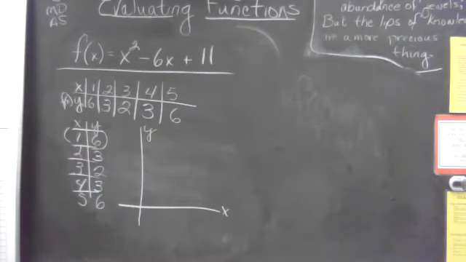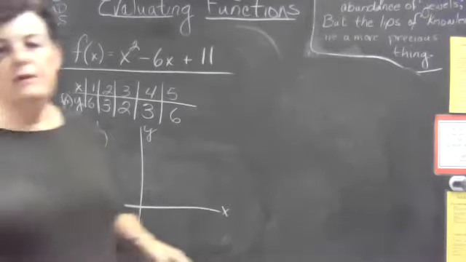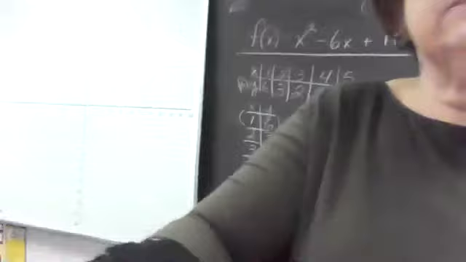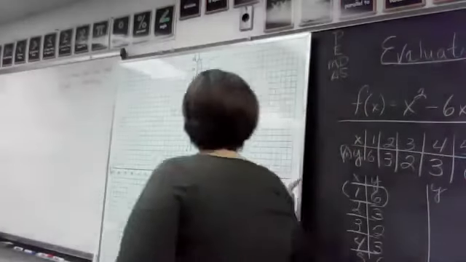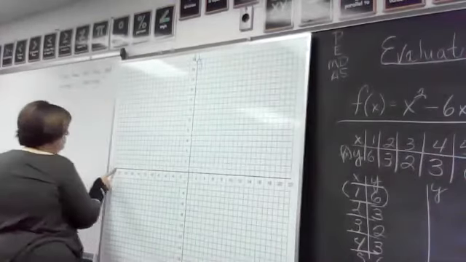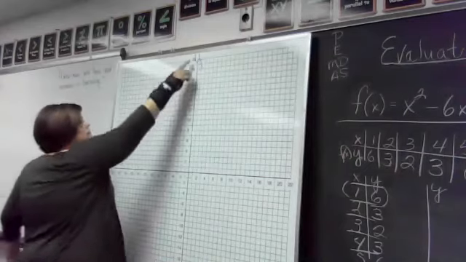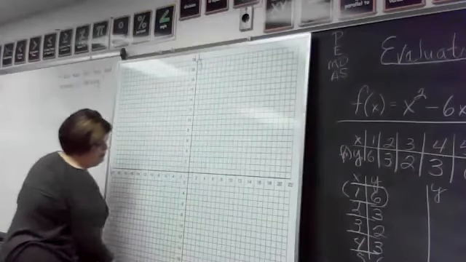Now on a coordinate graph, for those of you that have never done this, it looks like this. See this coordinate graph right here? This is a huge one. This horizontal line is called the x-axis, and this vertical line is called the y-axis.